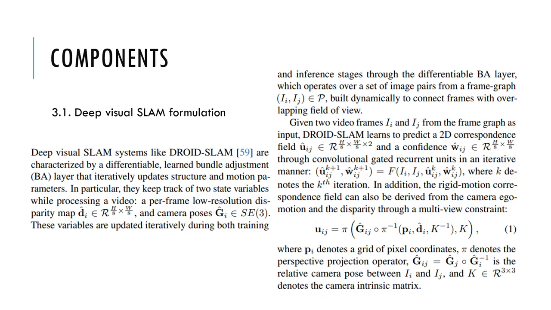Note that DROID-SLAM takes an input of H by W and gives an output of size H by 8 by W by 8. During the inference stage, the differentiable BA layer operates over a set of image pairs, for both images I i and I j, built to connect frames with overlapping field of view.